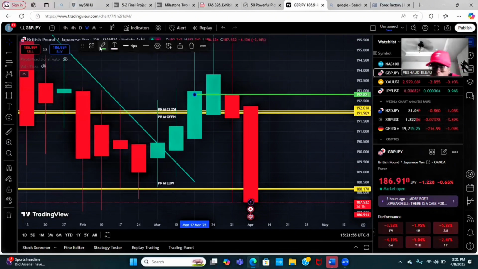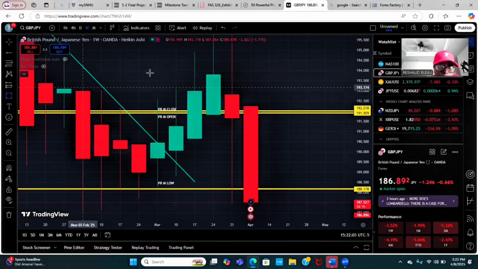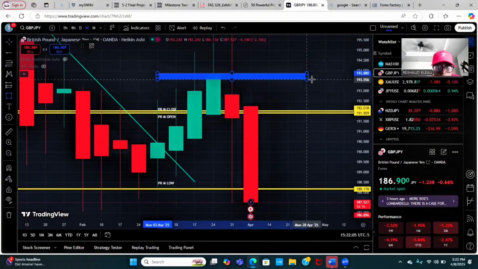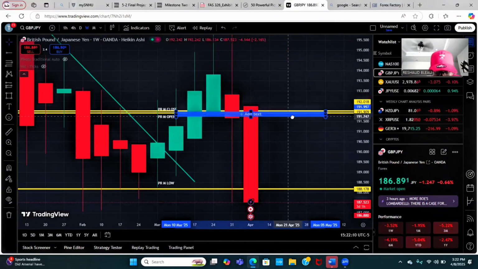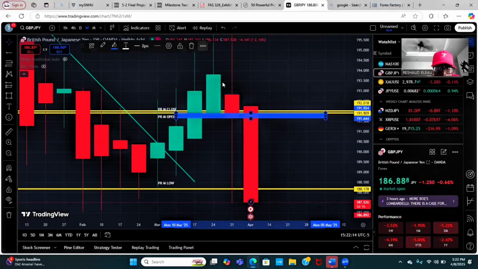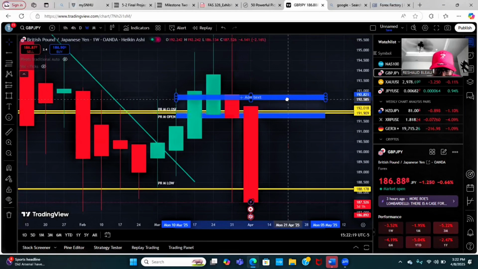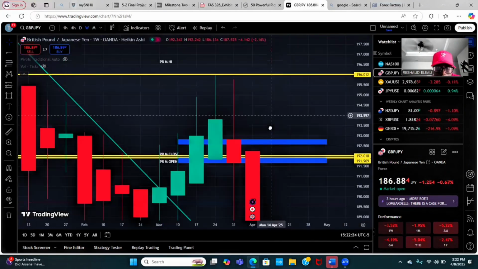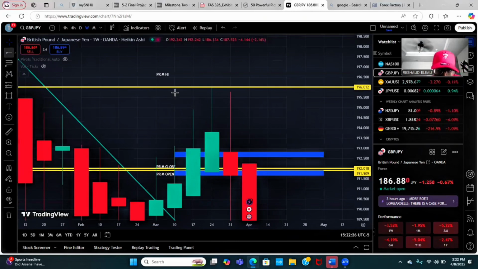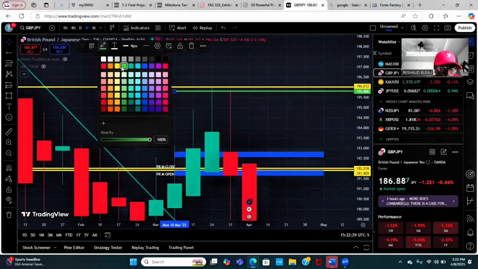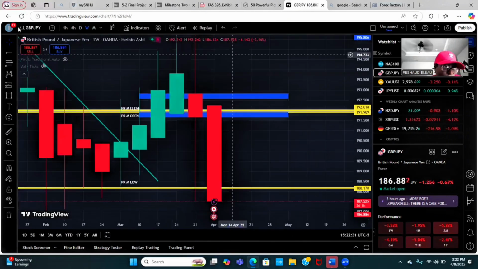That would be the previous. Actually, I can do those with these. Okay, that would be the open. Then we have the close, and then oh, we have the high. Turn that blue, and then we have the low.